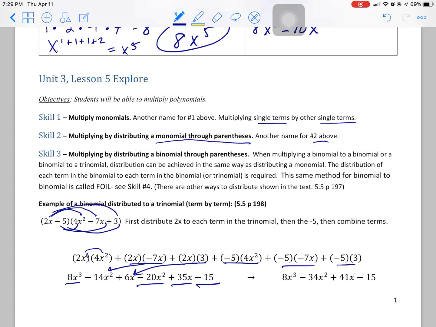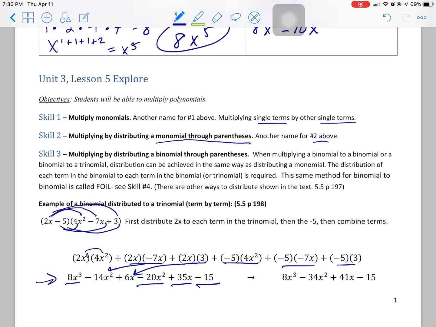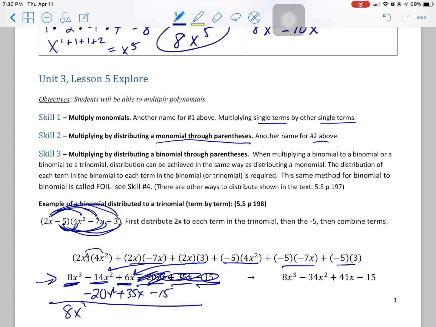You can write it like this. You don't have to write it like this. You can just come up with this line. But some people do very well writing this out like this. The other way we showed was kind of lining them up. So if this first one is this term here, second one's this term, third one's this term, and then you come back around when you go underneath and go negative 20x squared, don't write it on the end here, positive 35x minus 15, and kind of just line them up underneath the other ones so this comes down.